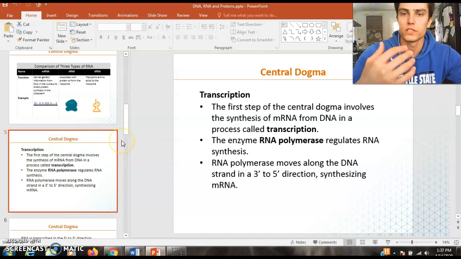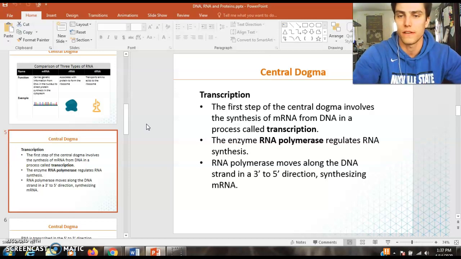And then that moves us into transcription. The first step of the central dogma involves the synthesis of mRNA from DNA. Boom, there it says it again, from DNA to mRNA, in a process called transcription. That's the easiest way to explain it in your own words. The enzyme RNA polymerase regulates RNA synthesis.